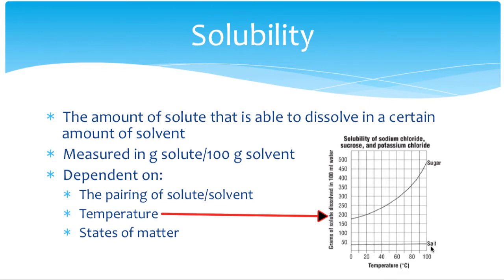So we can imagine over a wide range of temperatures dissolving similar amounts of salt in our solution, but very different amounts of sugar. And we'll talk more about why that is in a moment. Last but not least, solubility is also affected by states of matter. Gases, for example, have different responses to temperature in terms of solubility than solids or liquids will.